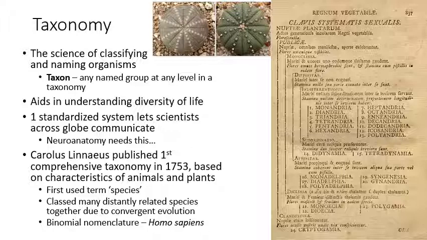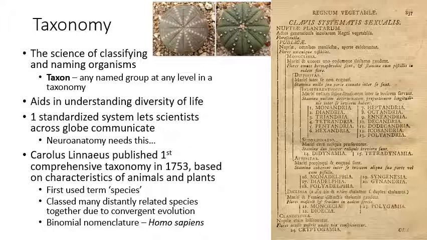So we made this initial taxonomic framework for classifying organisms and naming them, and now we're having to update that to bring it in line with the relationships between organisms that we're learning about in phylogeny.